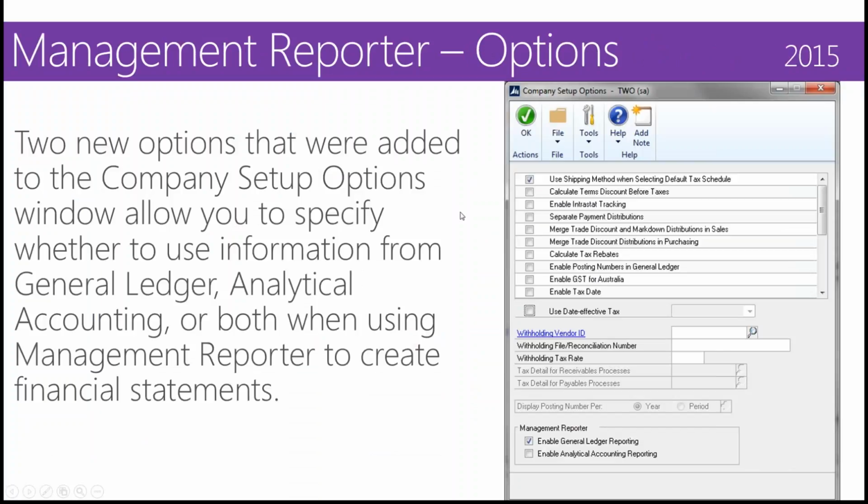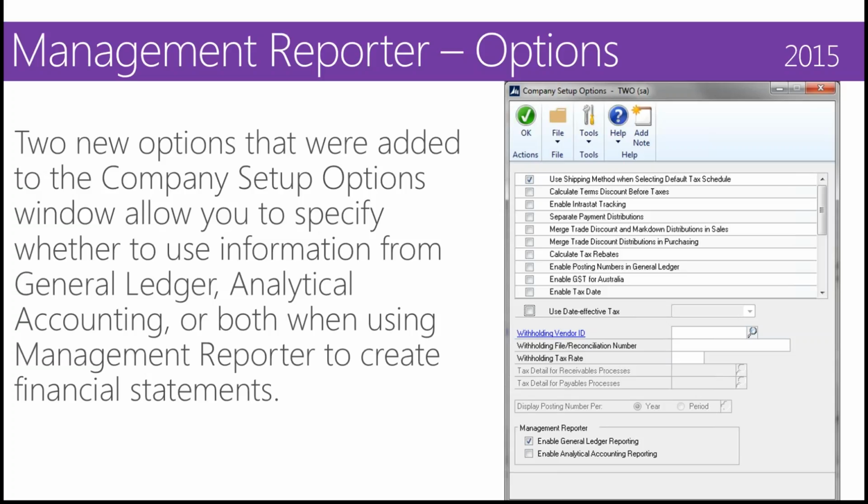We also have some new Management Reporter options. In the past, if you had analytical accounting, you know that it didn't always pull the correct numbers. There were some issues surrounding the analytical accounting presentation and Management Reporter. So now I can say, I don't want you to report on analytical accounting tables. I want you to report on the general ledger accounting.